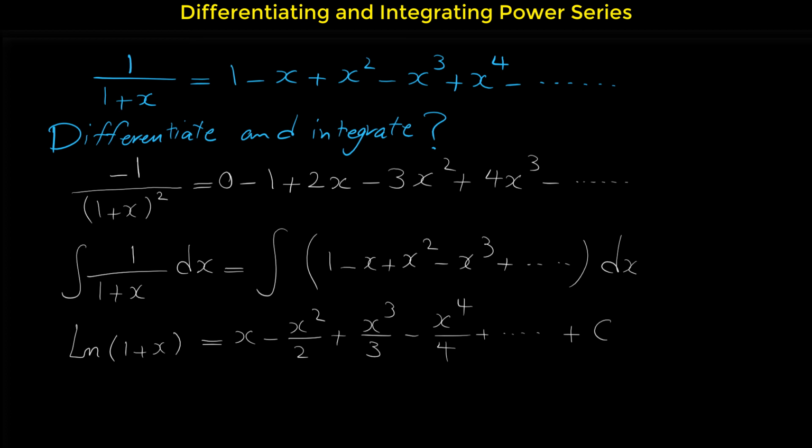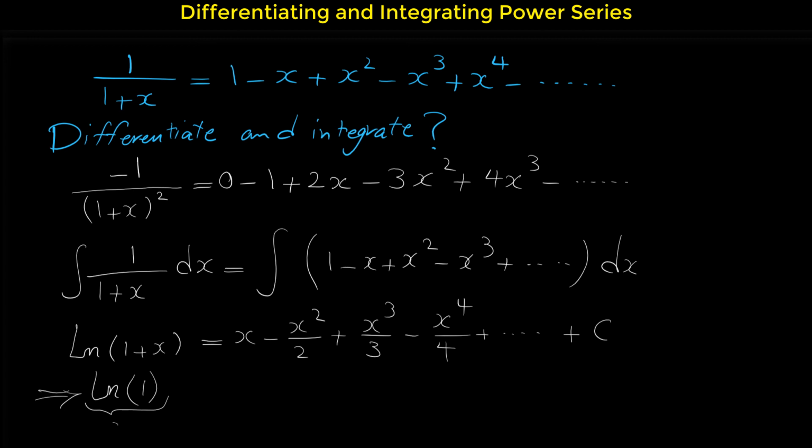But easily we can prove that this constant c is 0. For finding the value of c in this equation, if we put x equals 0 in this equation, in the left side, we have ln of 1 plus 0, which is ln of 1.